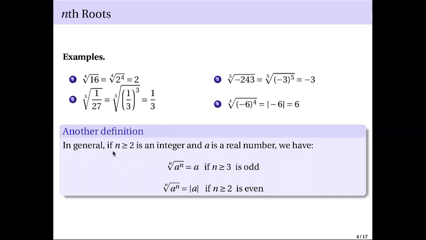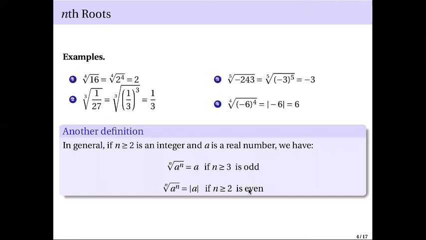So in general, if n is greater than or equal to 2, and n is an integer, and a is a real number, we have the following. So the nth root of a to the n, that's equal to a if n is greater than or equal to 3, which is, and also an odd number. On the other hand, if you have nth root of a to the n, that's equal to absolute value of a if n is even, n greater than or equal to 2, and n is even.